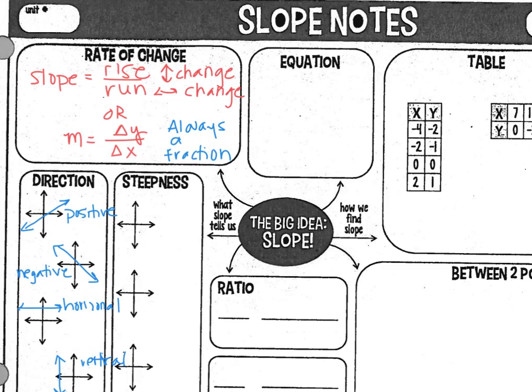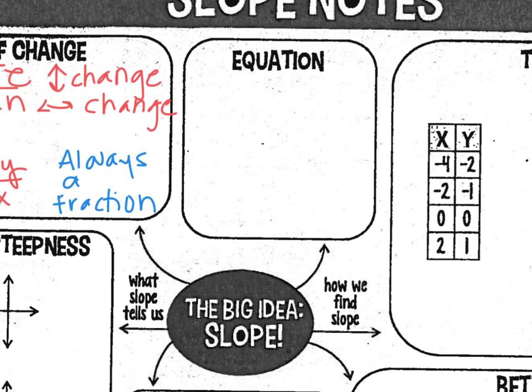With slope, we have an equation. The equation for slope says y equals mx plus b. Now, in this equation, the x and the y refer back to the x and the y in our coordinate grid. So we just learned now that this m stands for what?